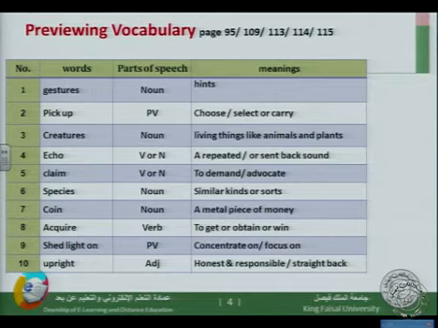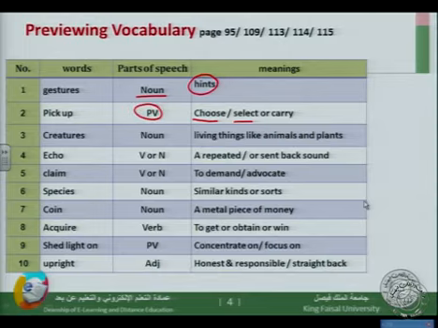The first one is a new word, gestures. Gestures means hints. Okay, gestures like body gestures. Gestures is a noun. This is one part of speech. To pick up. Pick up means to choose, to select, or to carry sometimes.